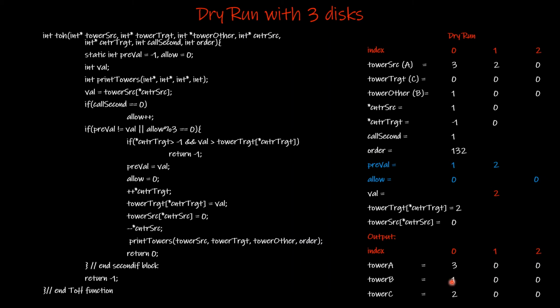Tower B of course had values 1 0 0. There's nothing changed with respect to tower B. Tower C was assigned a value at the counter target position 0, and therefore this 2 is now assigned to this location, and that is why we have this particular new tower C.